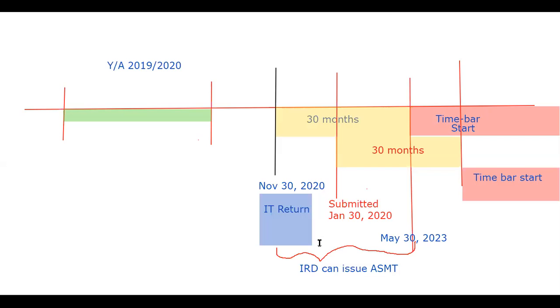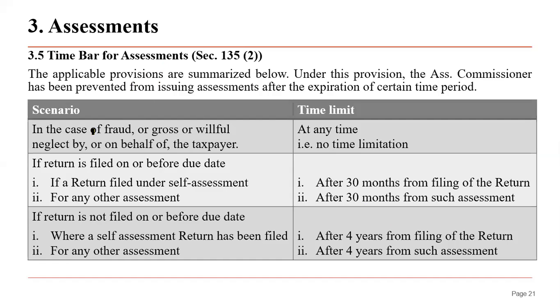If it is willful evasion, negligence or willful evasion, then you willfully declare the lower amount. Here I shared this screen. Fraud or willful negligence on behalf of the taxpayer, maybe a tax consultant or the taxpayer, willfully or fraudulently they made the return filed with the less amount, then the time bar is not applicable.